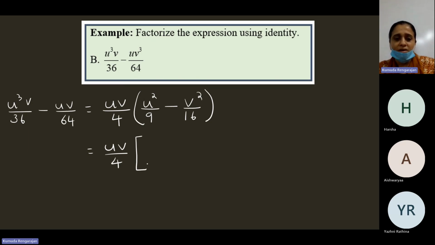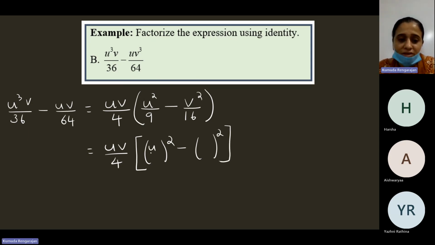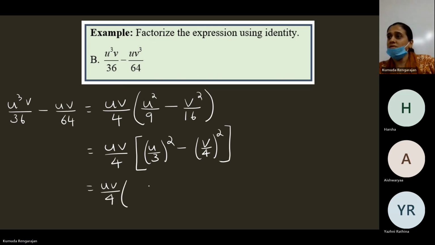Now in the bracket, write it as something the whole square minus something the whole square. So U by 3, V by 4. So now this will be UV by 4 into U by 3 plus V by 4, into U by 3 minus V by 4.